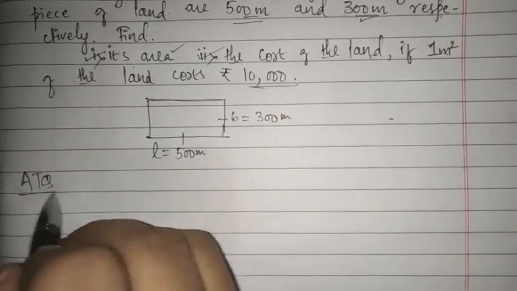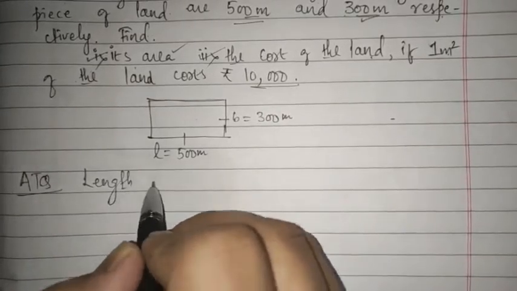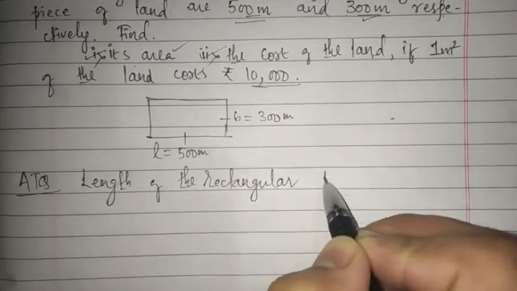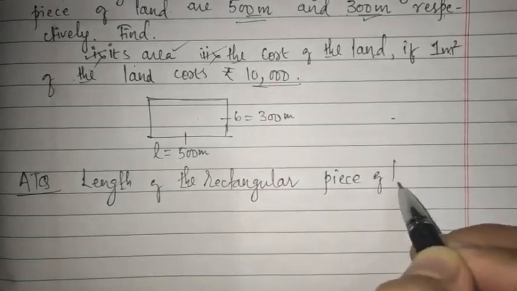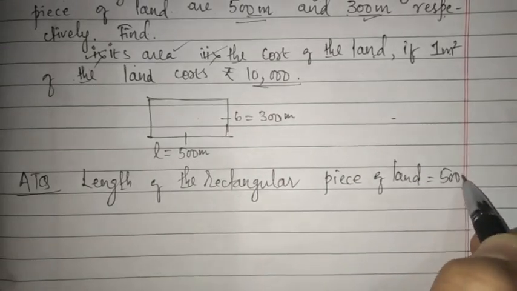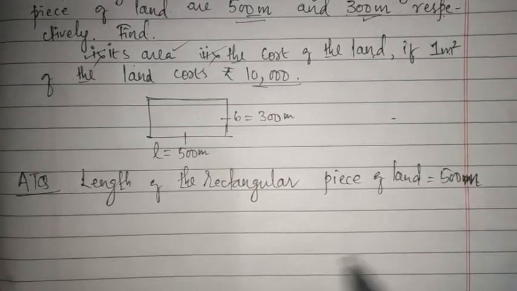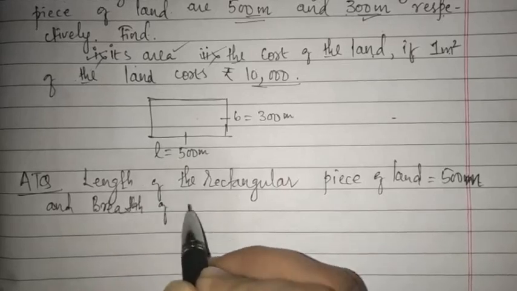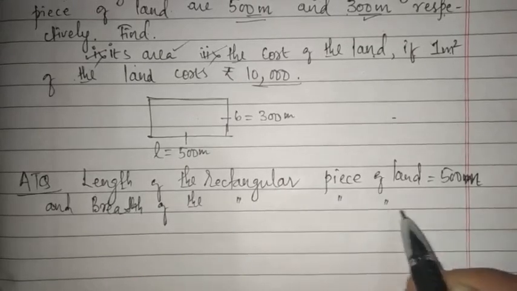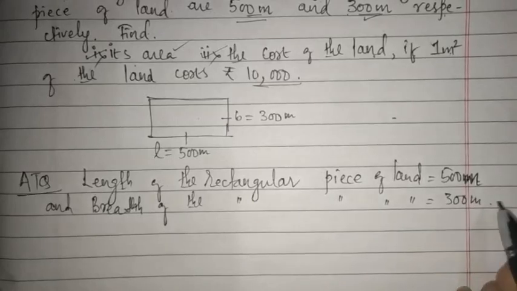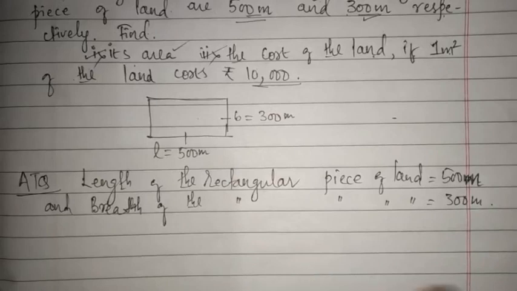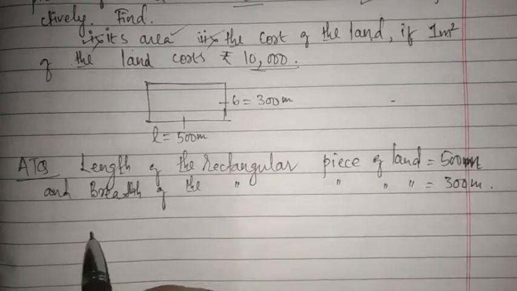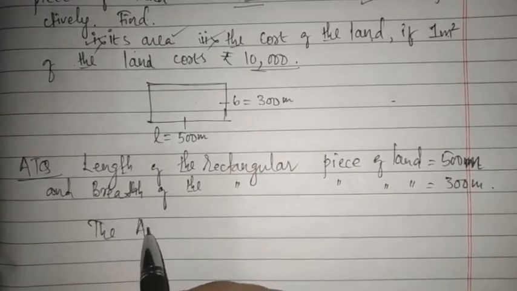According to the question, the length of the rectangular piece of land is given as 500 meter, and the breadth of the rectangular piece of land is 300 meter. These things are given, so we write them in the given form. Then what you have to find is the area.